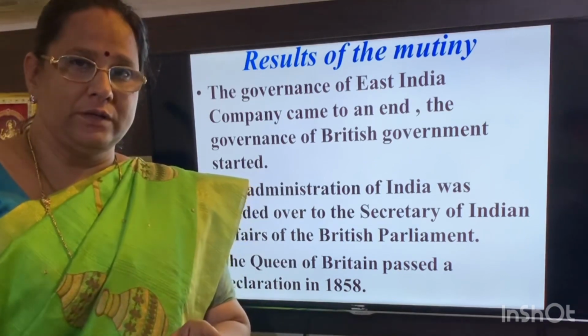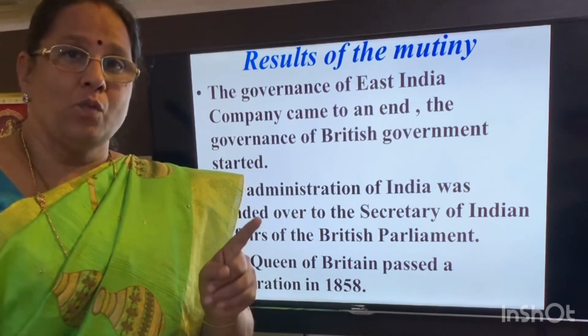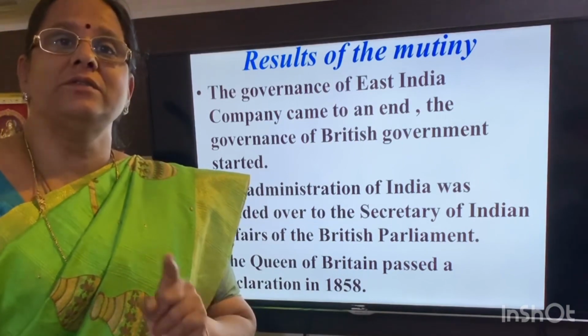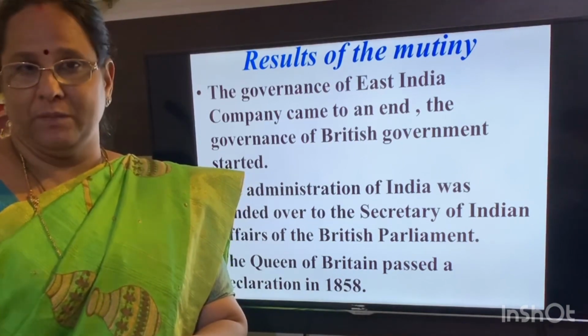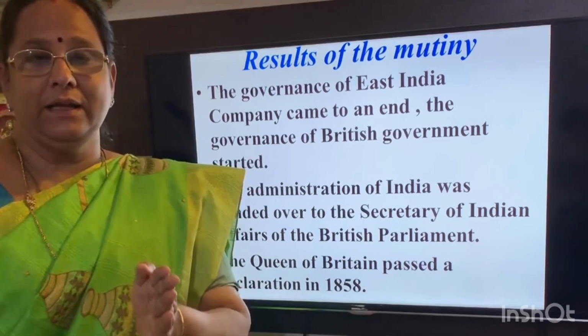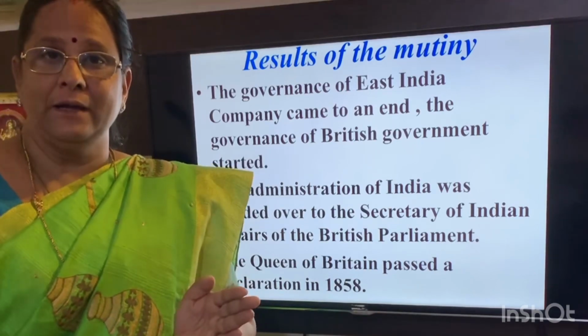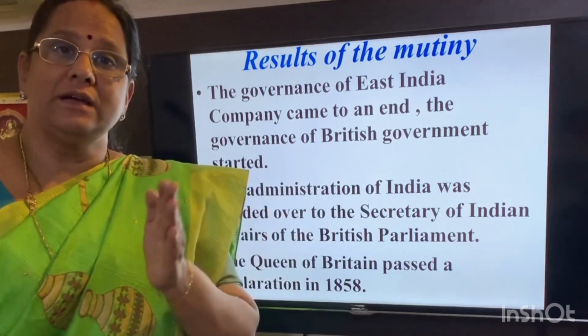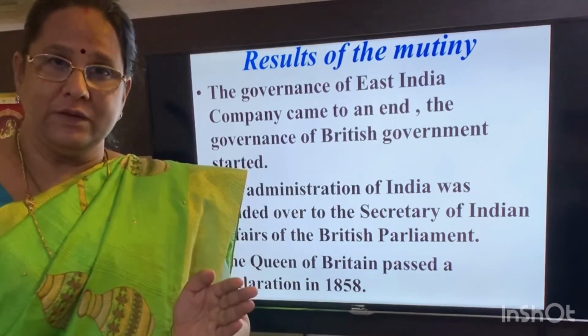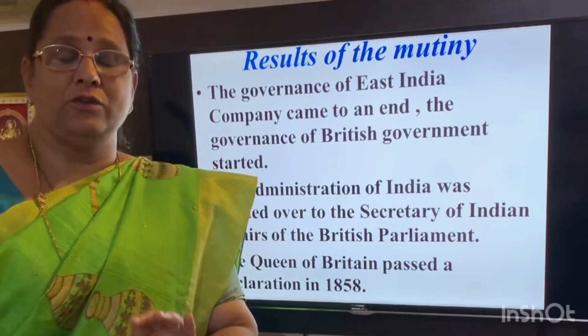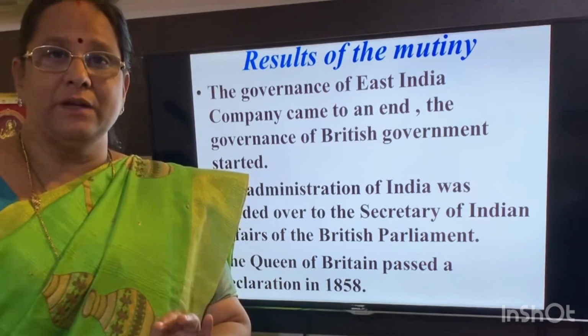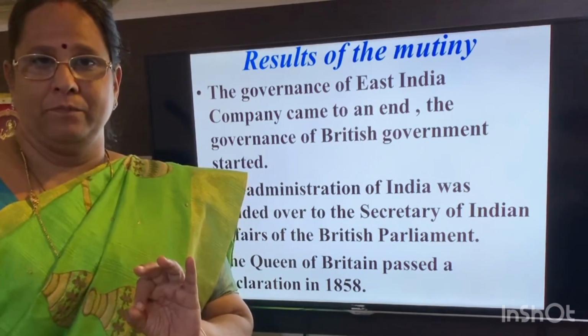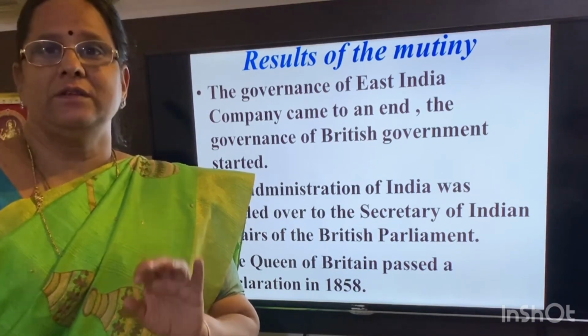After the revolt, India was ruled by the British government. So remember, till the revolt, we were ruled by the British East India Company. After the revolt, that is 1858 onwards, the British government ruled India. Is that clear, children? So this is the first point.